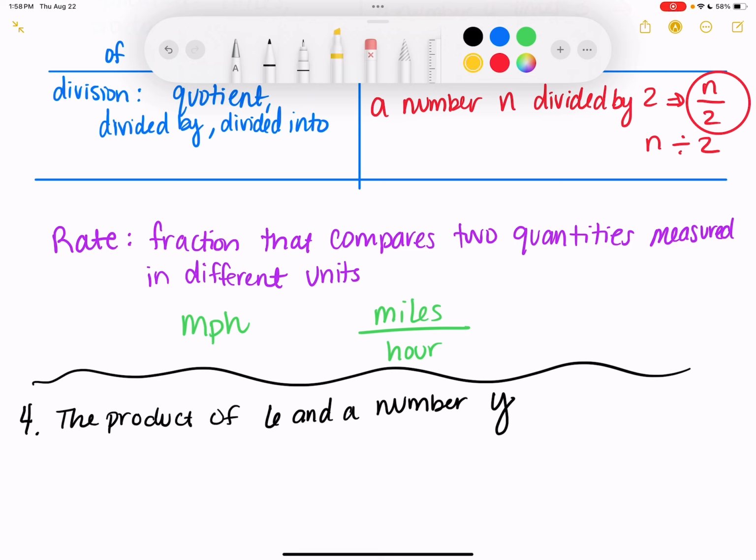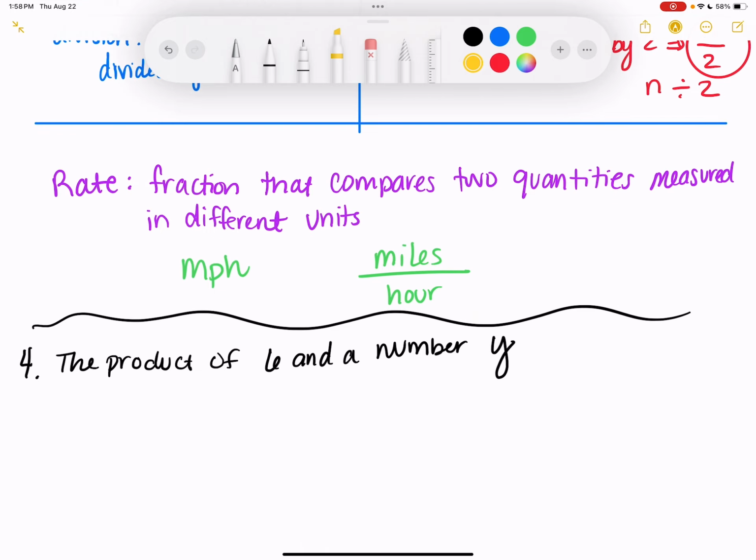So what is my operation here, and how do you know? Multiplication. Why? Because it says product. Yep, so this says product. So I'm going to be multiplying. And so this is going to end up being 6 times y. Just write it like that.